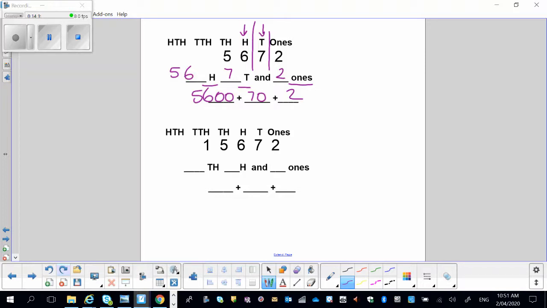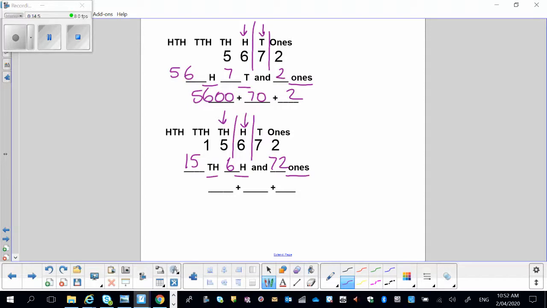In our last example, we're being asked to partition 15,672 into thousands, hundreds, and ones. First thing I do is I find my thousands place, and I split the number between the thousands and the hundreds. I write down that I've got 15 thousands. I now need to find my hundreds place, and I split my hundreds off from the rest of the number. I record that I've got 6 hundreds, and that leaves me with 72 ones.